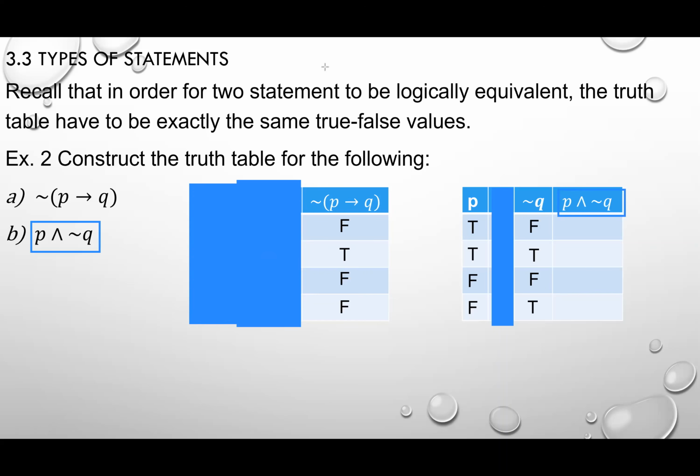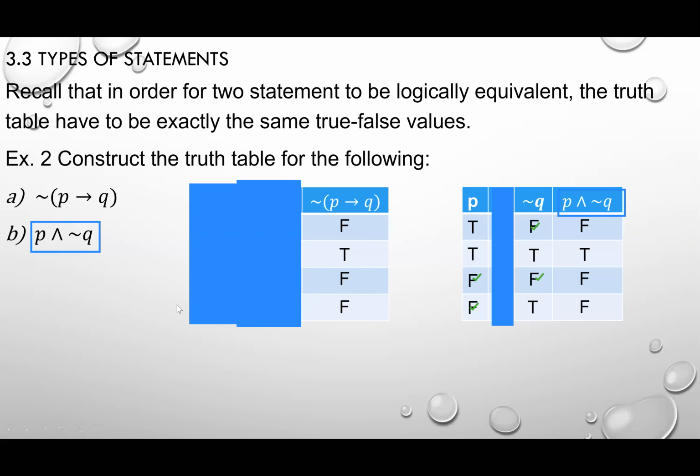So what is this item? This is the AND statement, or the conjunction. The AND statement tells you that, for me, as long as there's a false, the result is false. So the first line, I see one false, the result is false. The second line, I don't see any false, so that's true. The third line, I see a false, so the result is false.